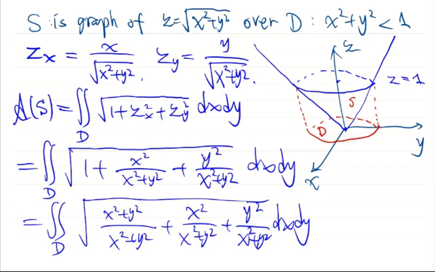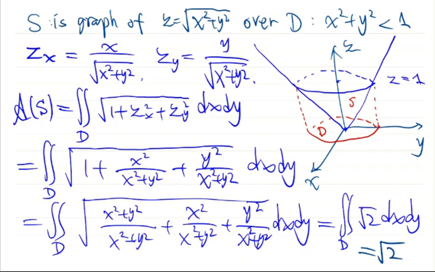But this is the square root of 2. So the result is square root of 2 multiplied by the area of D. D is the unit disk without boundary. Therefore, the final result is square root of 2 multiplied by the area of D, that is pi. So this is the area of this surface.